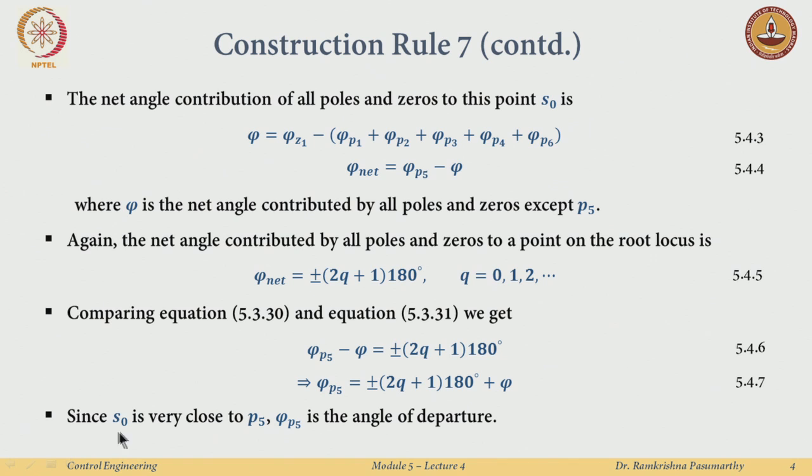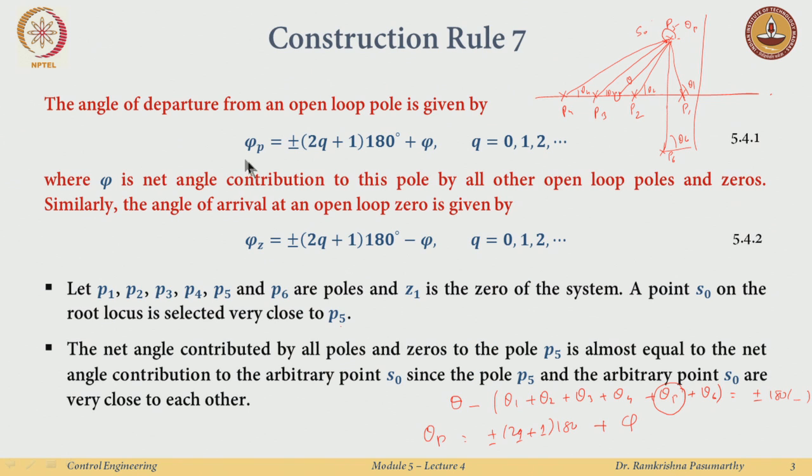And again, because S0 is very close to the departure point, the pole, as S naught tends to the pole P5, that particular angle contribution will become 0, and the angle contribution by the other poles will satisfy the angle criterion, because I am not moving, I am just at that pole. That is the limiting condition as S naught goes to S5. But S naught being very close to S5, how do I compute the angle? Well, that is just by this phi over here.